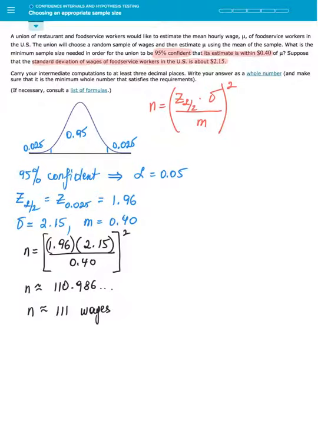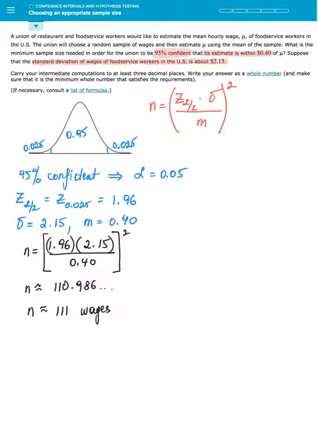Suppose that the standard deviation of wages of food service workers in the US is about $2.15. Carry your intermediate computations to at least 3 decimal places and write your answer as a whole number, and make sure that it is the minimum whole number that satisfies the requirement.